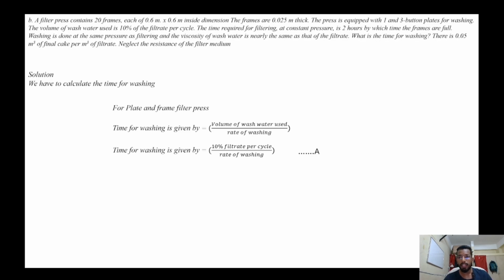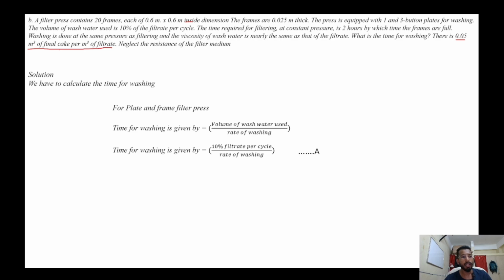Here we have the last line: 0.05 meter cube of final cake per meter cube of the filtrate.